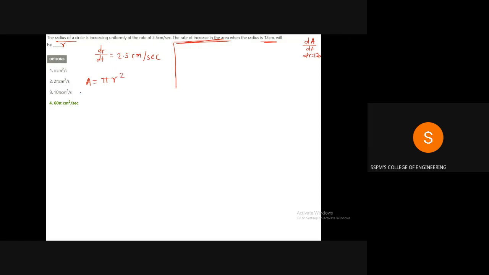Again we will differentiate with respect to t. Therefore we get dA by dt is equal to, similar to the previous example, 2 pi r into dr by dt. So now dA by dt is equal to what?